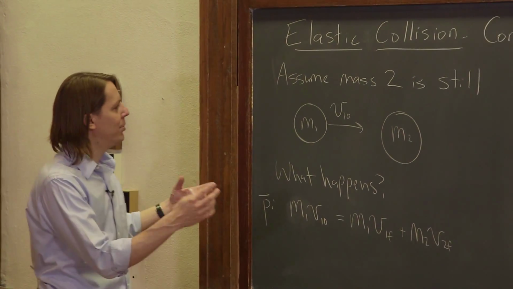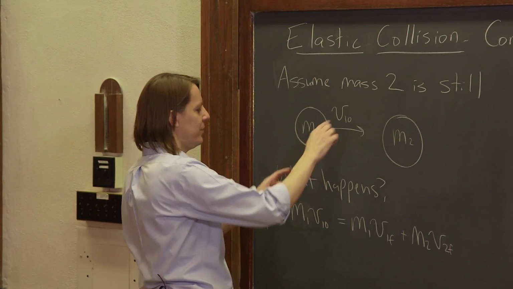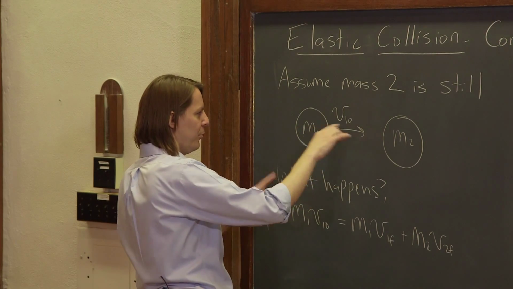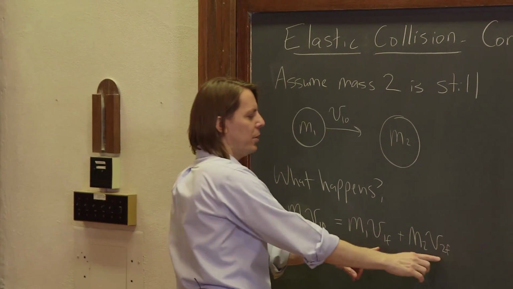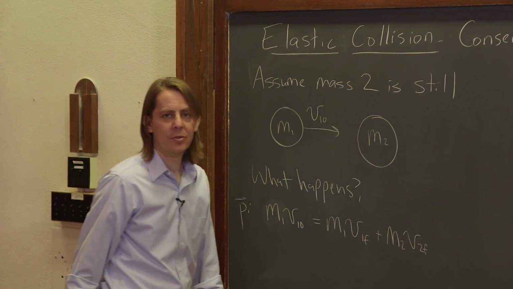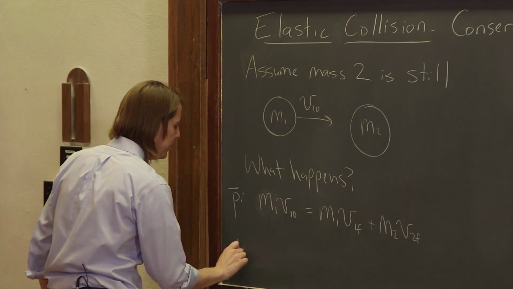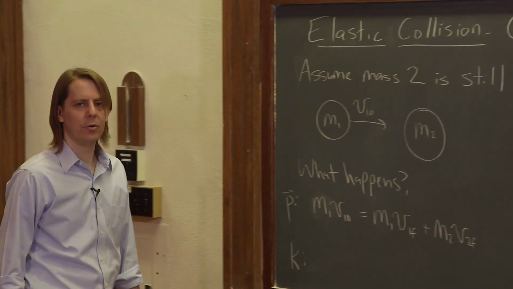If you were doing a real problem, you would probably be given both masses and v1 naught, with two unknowns, v1f and v2f. So you need to find those. We can find them because we have the kinetic energy also conserved.